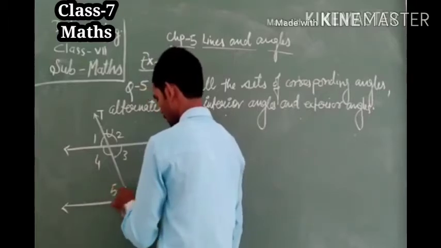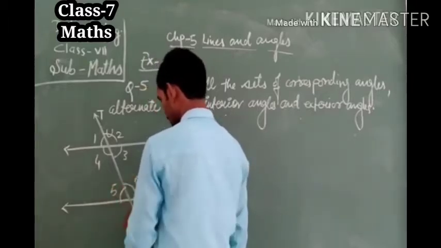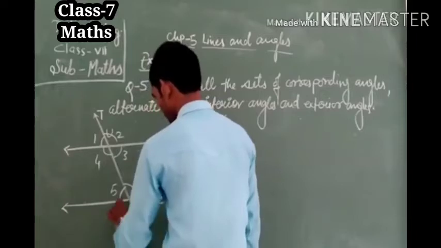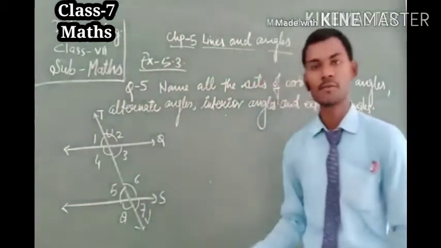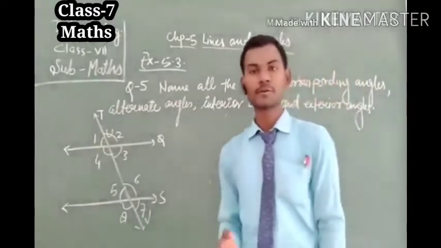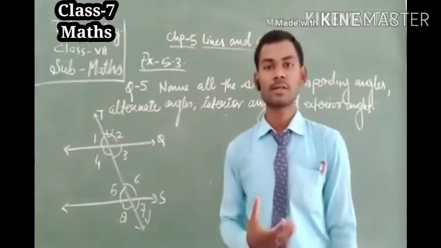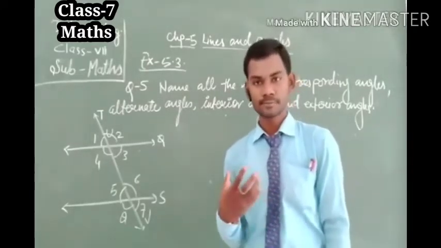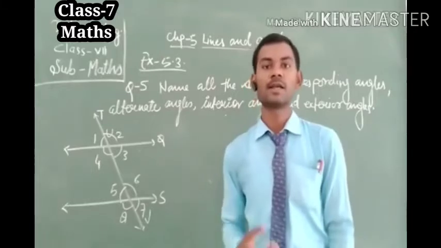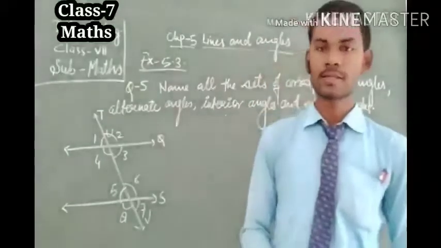Similarly here are angle 5, angle 6, angle 7 and angle 8. In the given figure we shall find the sets of corresponding angles, alternate angles, interior angles and exterior angles.